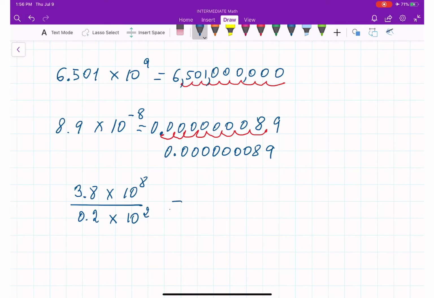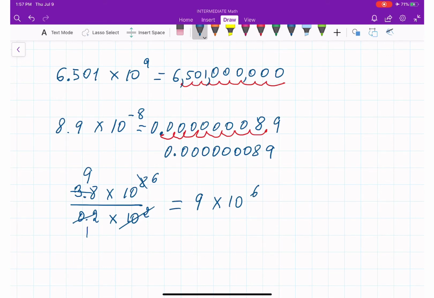So what do I get? 10 to power 2 will be gone, and with 10 to power 8 there will be left 6, right? 8 minus 2, same base. So when we divide, we subtract the exponents. And 3.8 divided by 0.2 is going to be 19. So the answer will be 1.9 times 10 to power 7.